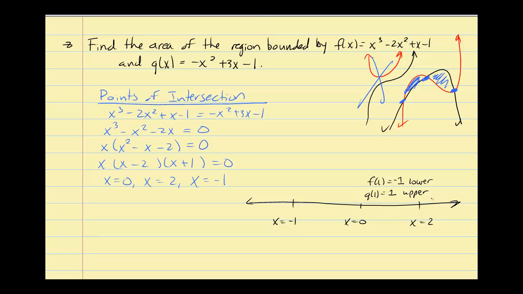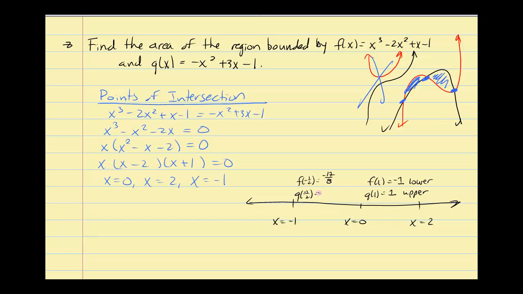Now usually when we have more than one region, the upper and lower swap, but you should check just to make sure. So I'm going to plug negative 1/2 into my f function and negative 1/2 into the g function. It's a negative value. If I plug a negative 1/2 into my f function, I get a negative 17 over 8.